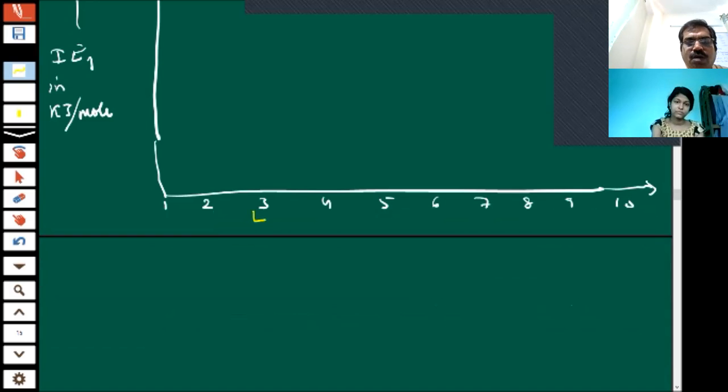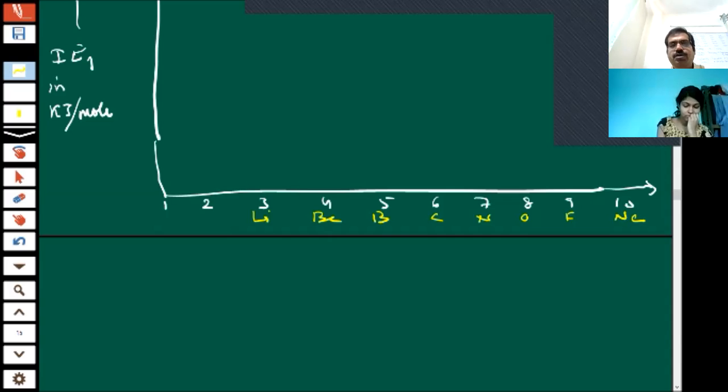So this is lithium, beryllium, boron, carbon, nitrogen, oxygen, fluorine, neon, like this.